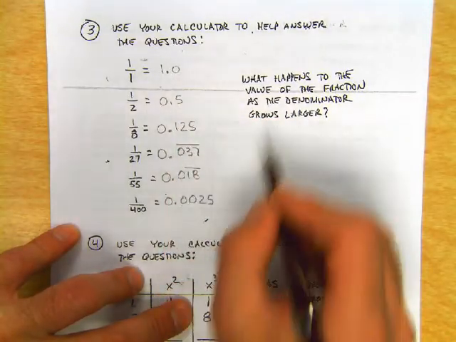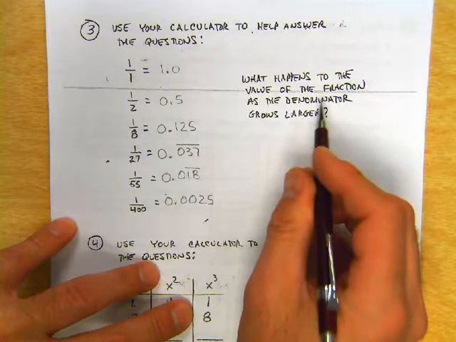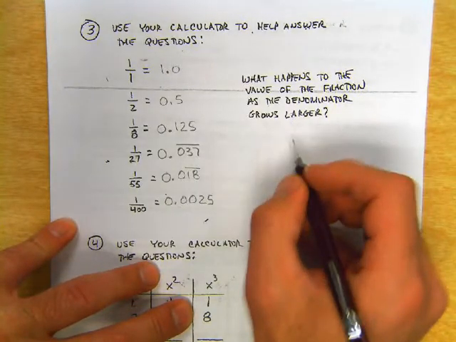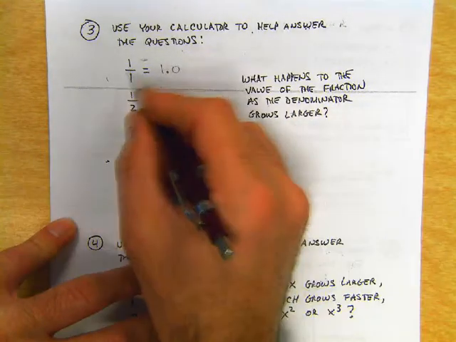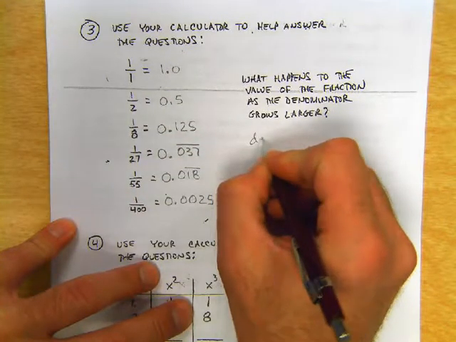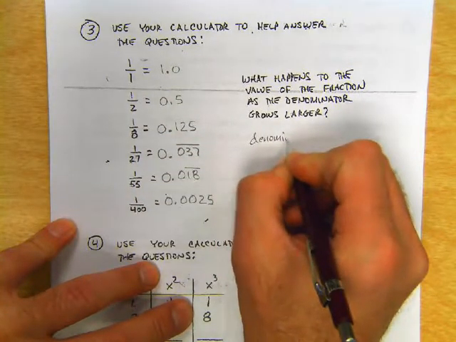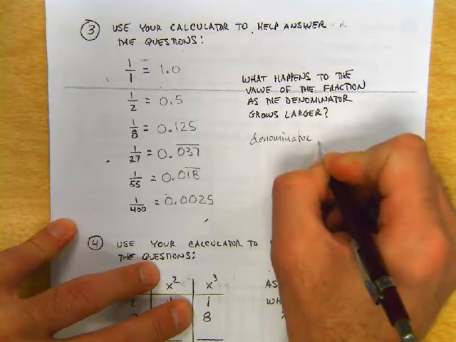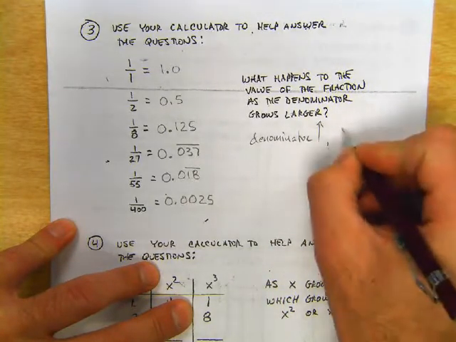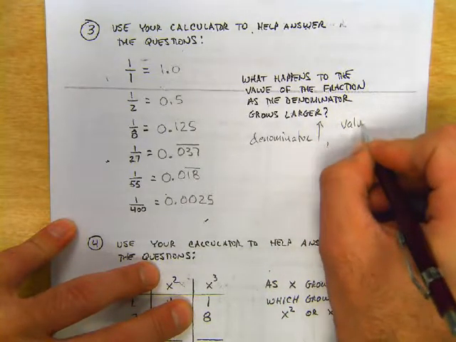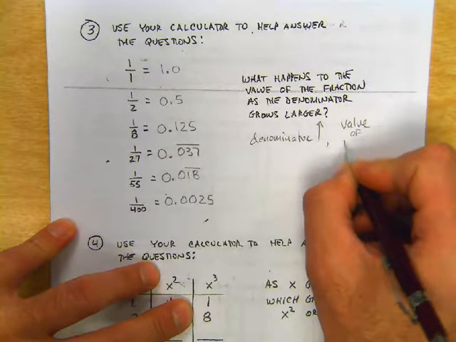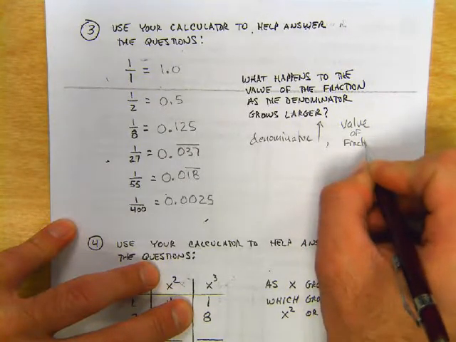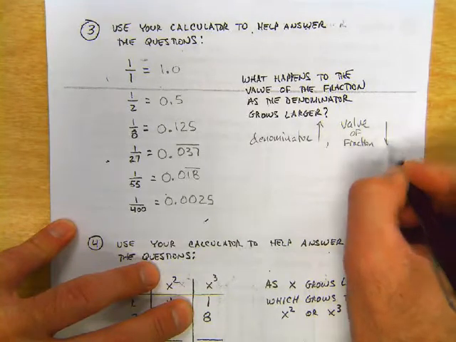answer this question. So we have this fraction, these are all fractions. As the denominator grows bigger, what happens to the overall value of the fraction? It gets smaller.